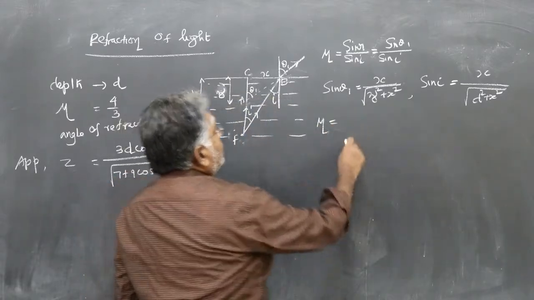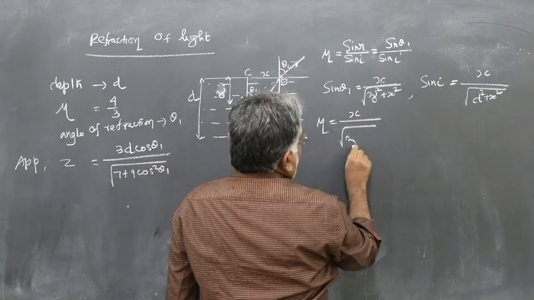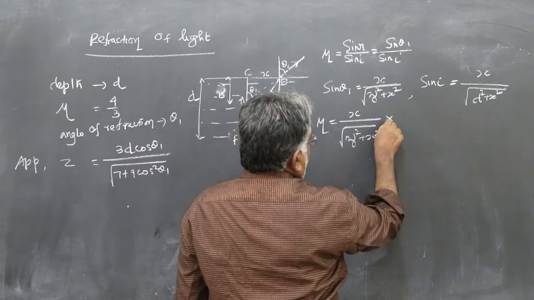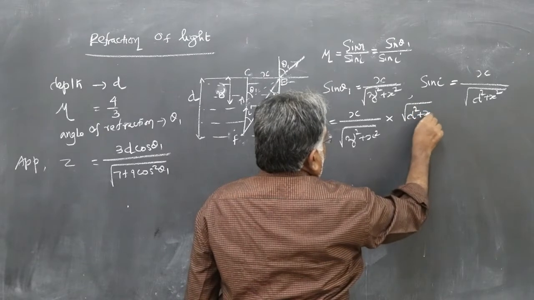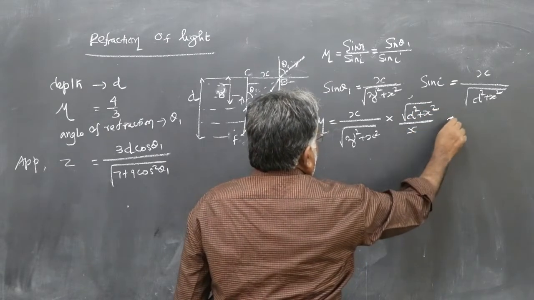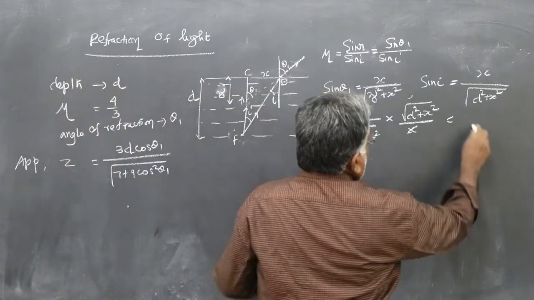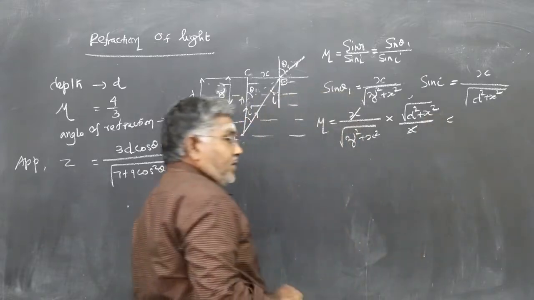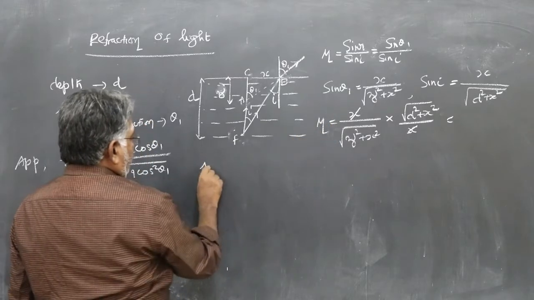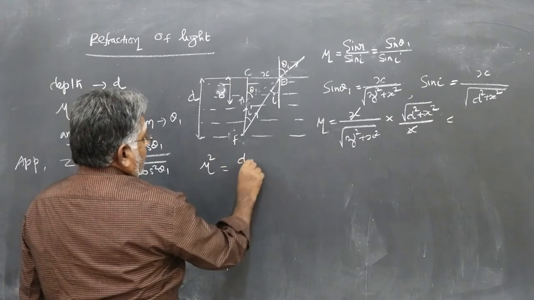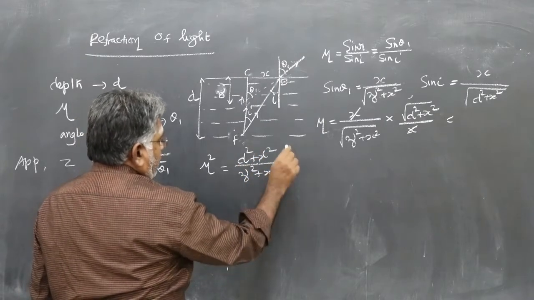Mu is sin theta 1, so x by root of z square plus x square, into sin i, take it to that side, numerator: root of d square plus x square by x. Cancel out this x. You have root of d square plus x squared by root of z square plus x squared. So squaring both sides, mu square is equal to d square plus x square by z square plus x squared.